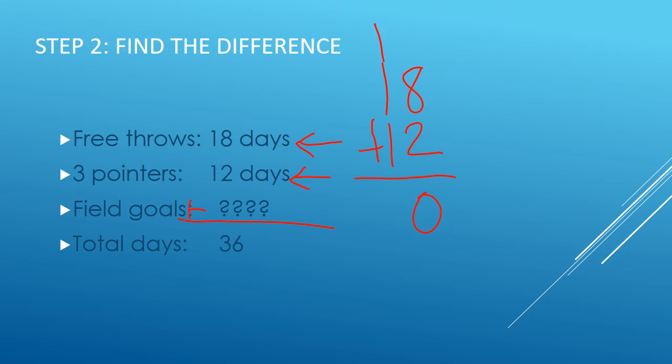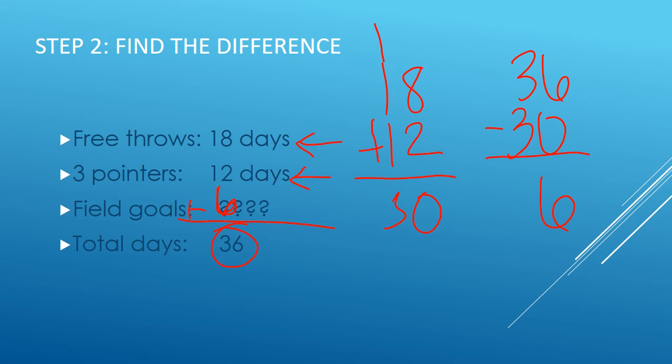Sorry guys, I'm tired. So 1, 2, 3. So my answer is 30. Now I need to find the difference between 36 and 30. So I'm going to subtract 36 minus 30, which gives me 6. So I know that he spent 6 days working on field goals. And to check that, just add it up. 18 plus 12 plus 6 equals 36.